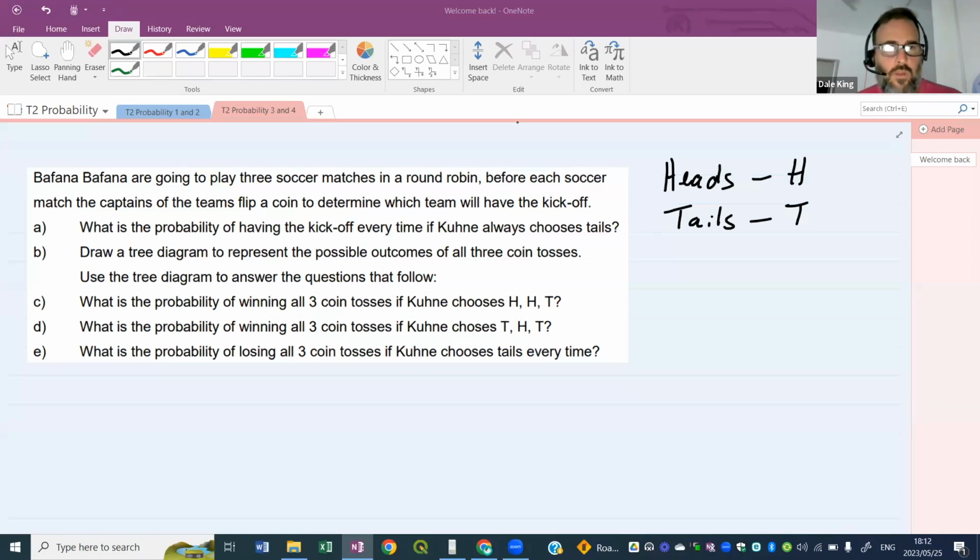But just wait for question B to be done, and then I'm sure you can answer A, C, D, and E after the tree diagram. All right, so don't stress about it. But everyone that was here on Tuesday should be drawing tree diagrams. There should be some beautiful trees on your paper there.